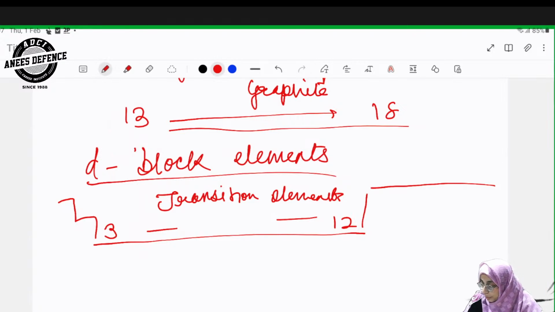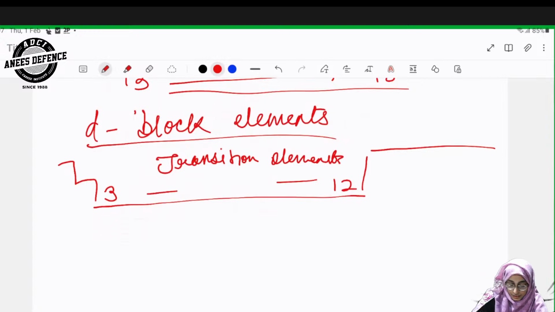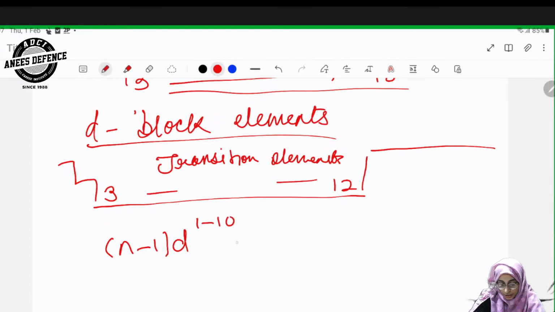A transition element has an atom or at least one of its ions with an incomplete d orbital, or the outermost electrons in a d orbital. Meaning the outermost electron lies in the d orbital. Their general electronic configuration is (n-1)d^1-10 ns^1-2.